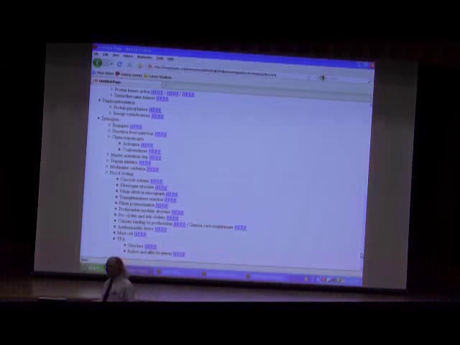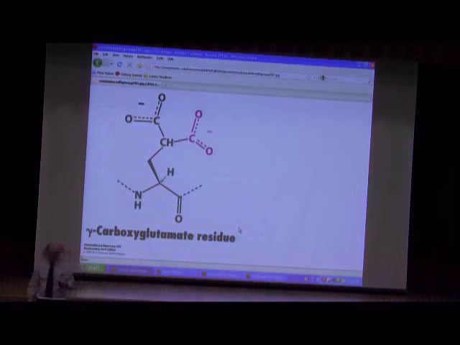The modification is that glutamate residues, that is the side chain of glutamate in the prothrombin, are modified by the addition of a second carboxyl group. If we look at it, it looks like this. So here's glutamate, here's the side chain. The normal prothrombin only has one carboxyl group, but the modification adds a second one.